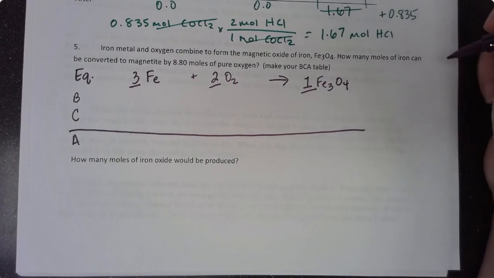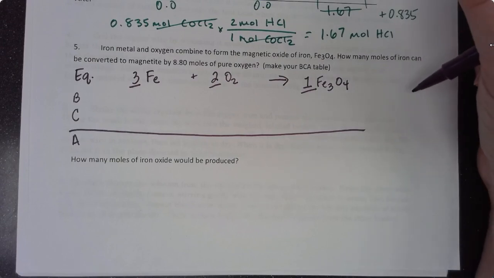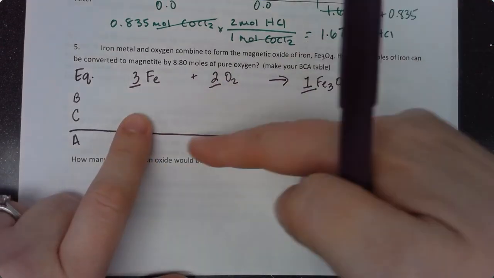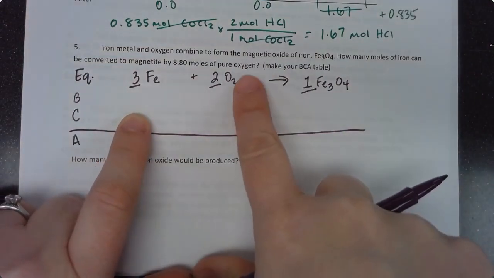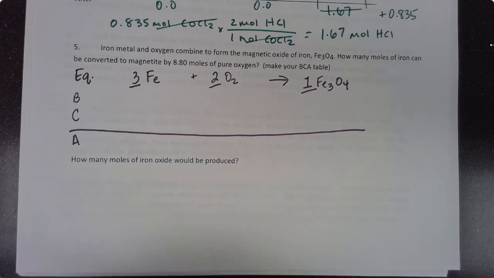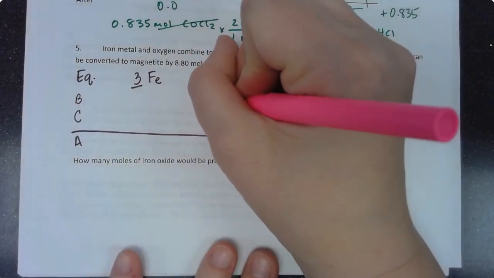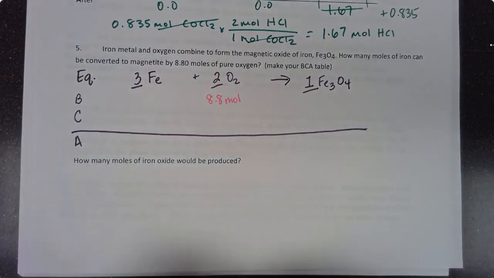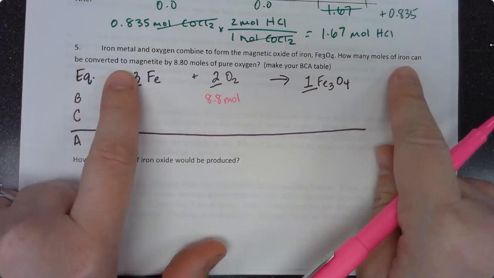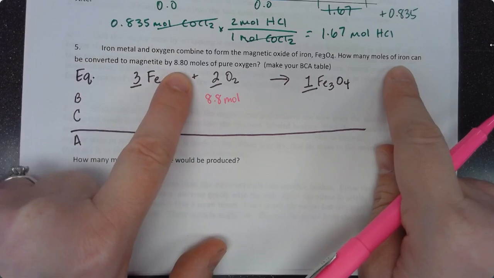How many moles of iron can be converted to magnetite? Okay, so this is more complicated, guys. We're given our moles of oxygen, which is 8.8. How many moles of iron can be converted to magnetite by 8.8 moles of pure oxygen?